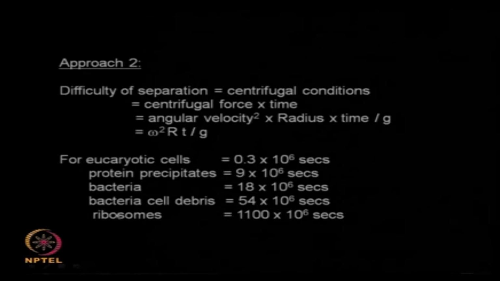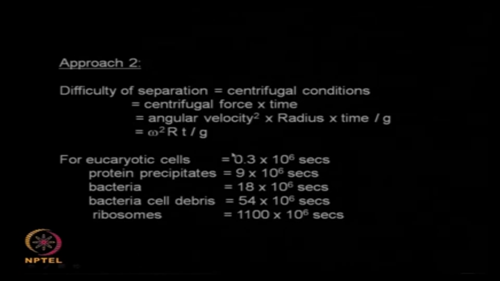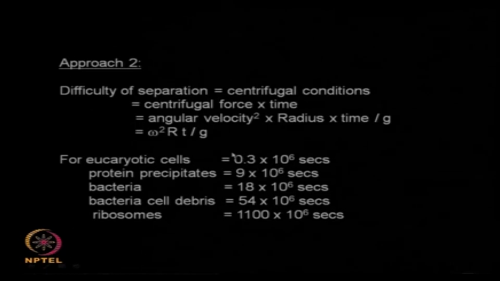So, what it means is it is very difficult to separate ribosomes when compared to bacterial cell debris, bacteria, protein precipitates or eukaryotic cells. So, obviously it is more difficult to separate cell debris than cells itself, and we can scale it up based on the difficulty of separation.